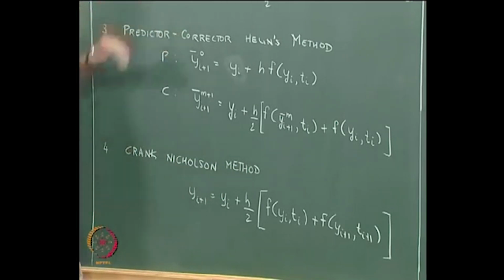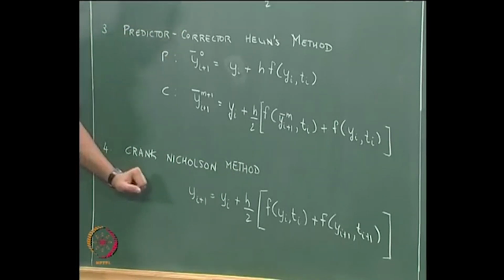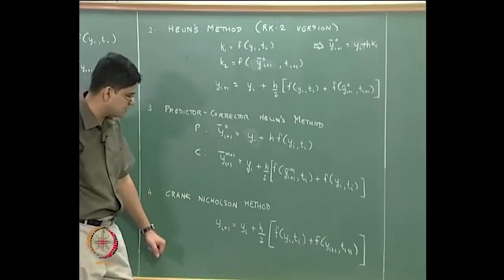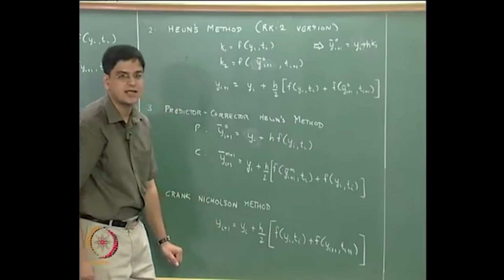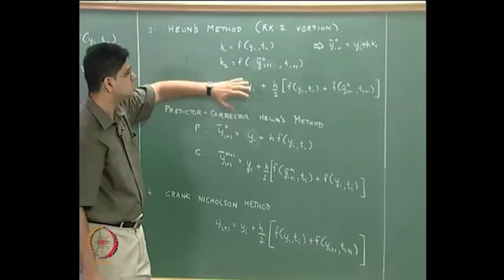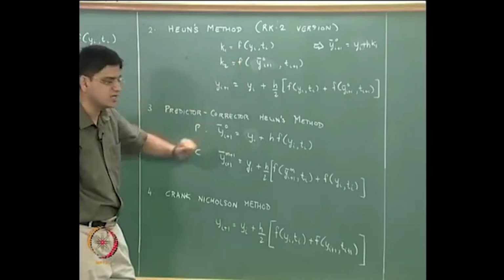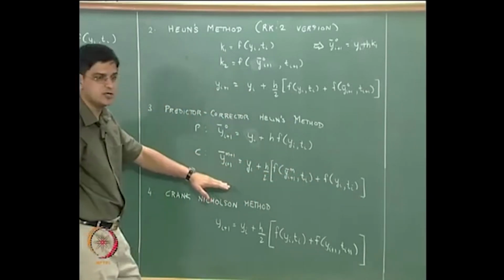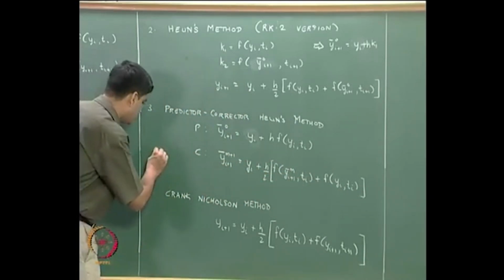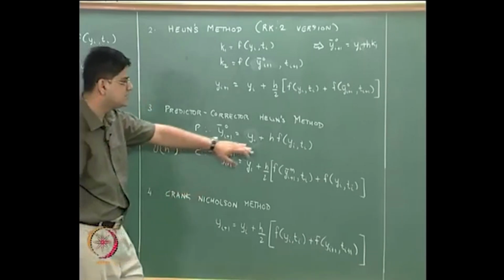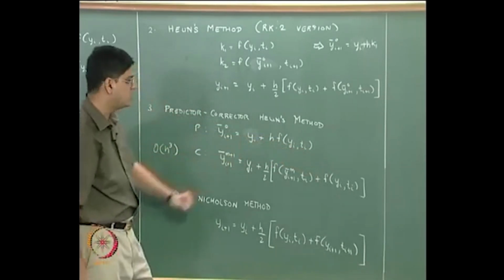Okay. So that is the RK2 version of Yuen's method, the predictor corrector version, and the semi implicit method, which is essentially the Crank-Nicolson method for solving this particular problem. What we realize when we do this predictor corrector method is this is a trapezoidal rule. This being a trapezoidal rule has an order of h cube accuracy, but this is just an explicit Euler's method.